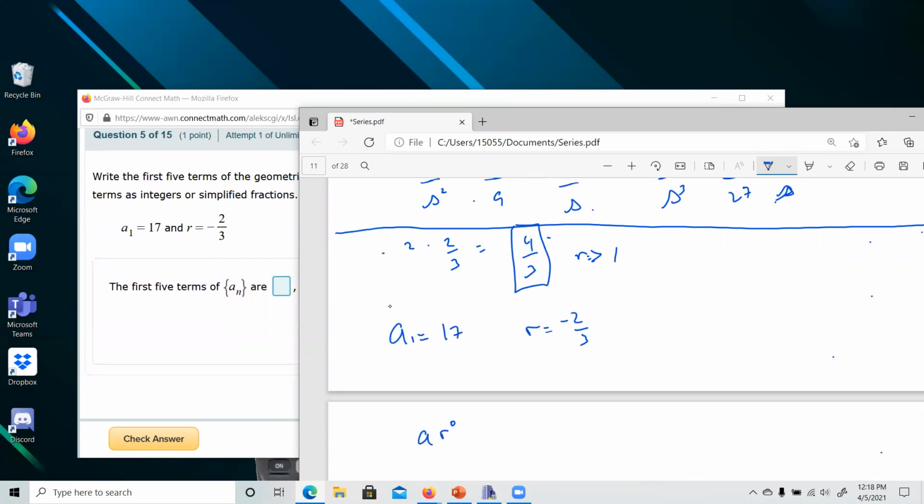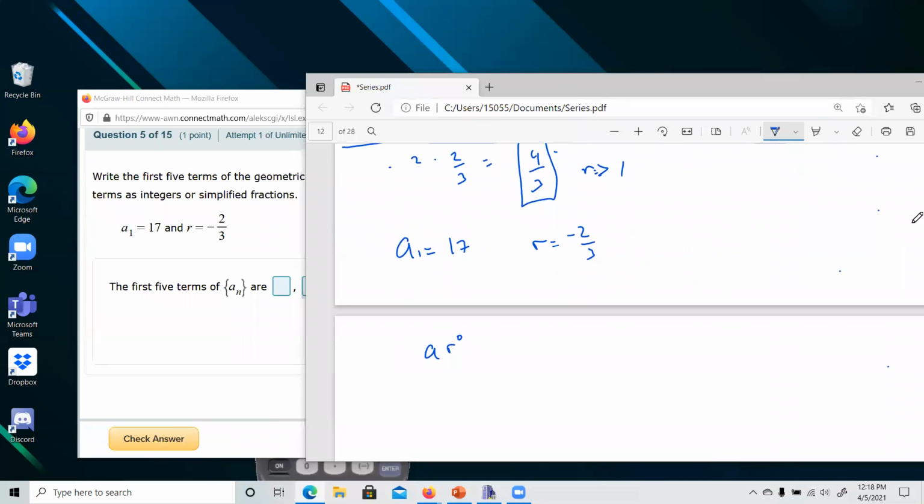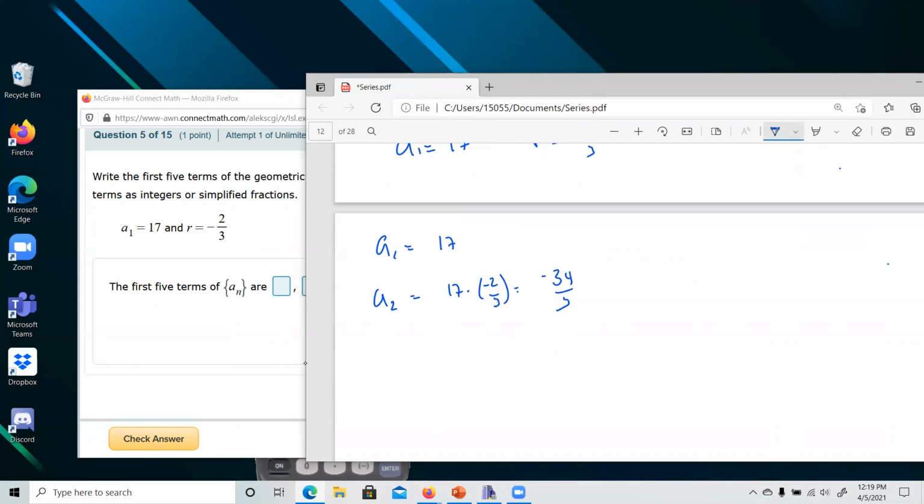So it's going to be 17 times R was equal to, or something times R is equal to 17 is what we're going to have. Okay. So let's go ahead and assume that they count from 1 like normal people, as opposed to C programmers who count from 0. So let's go with A1 is equal to 17. A2 is equal to 17 times -2/3. So that's -34/3. Okay.